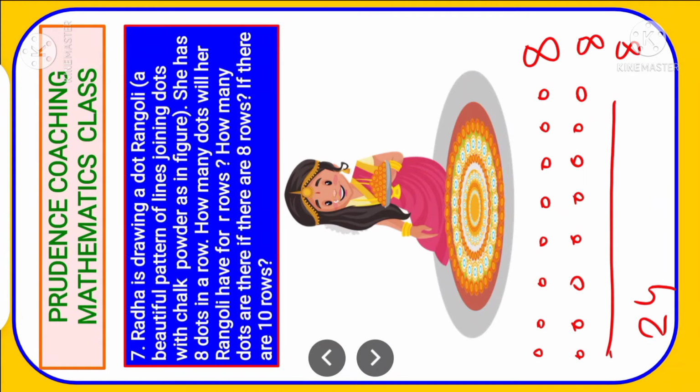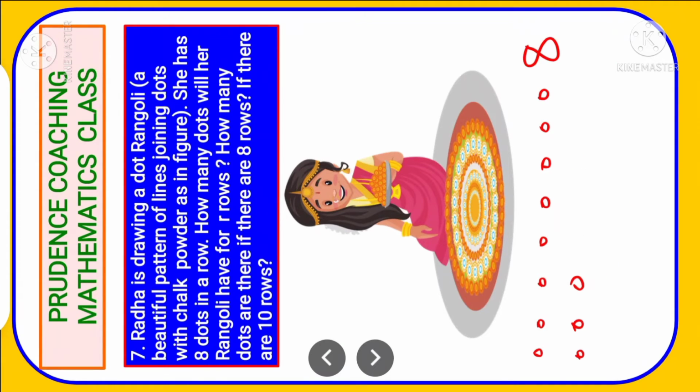This is the method as we have learned in the previous video as well. Here the number of dots is 8 in a single row and the number of rows is given to be r. A variable r is given. The total number of rows is not given as a constant value, it is a variable. So how will you find it?